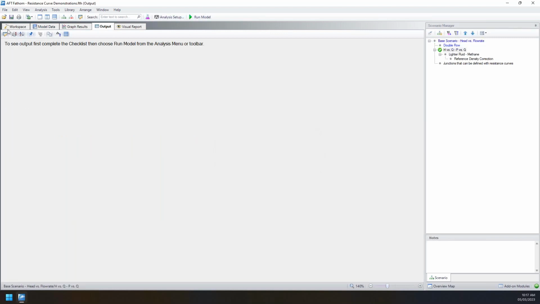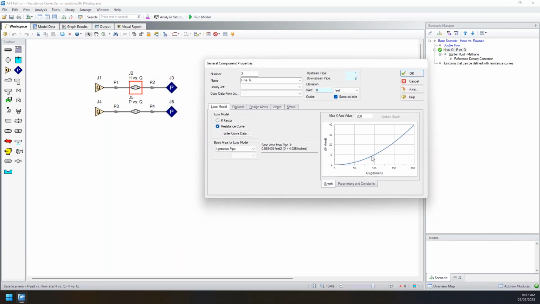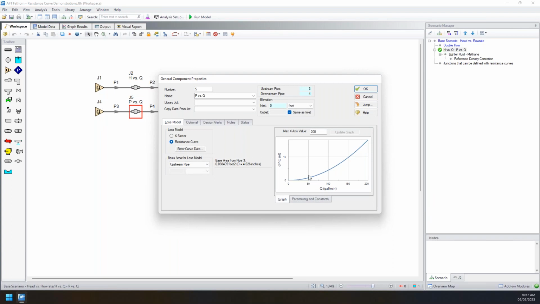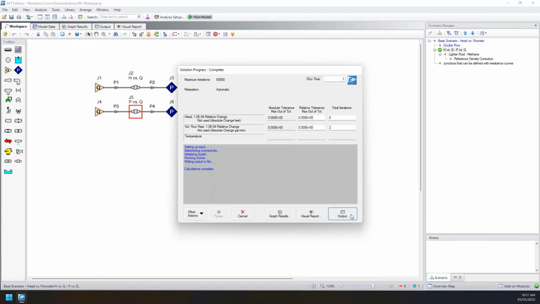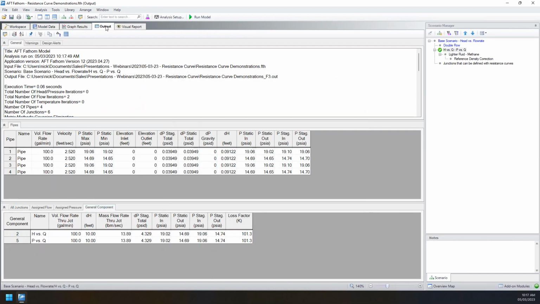And here, if we run our model comparing our head loss versus flow rate, again, at 100 gallons per minute, so we reset the system, both of these are going to be operating at 100 gallons per minute. Because of how we've set it up, we should see the exact same results through each of these components. So when we run our model and we go to our output, and again, we can compare those two general components.